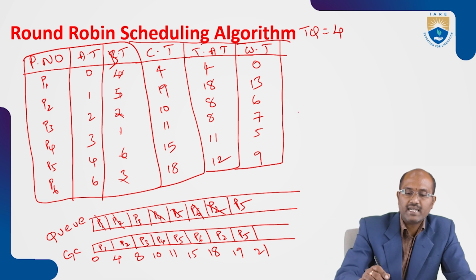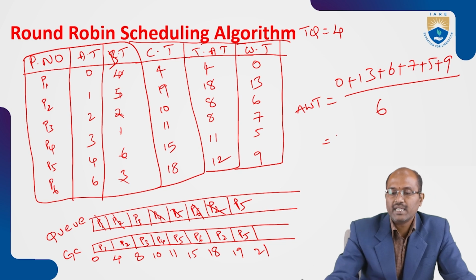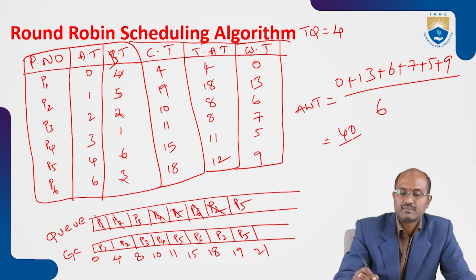Then we calculate the average waiting time. So 0 plus 13 plus 6 plus 7 plus 5 plus 9 by the total number of processes, 6. That is equal to 19, 26, 26 plus 5, 31, 31 plus 9, 40 by 6.